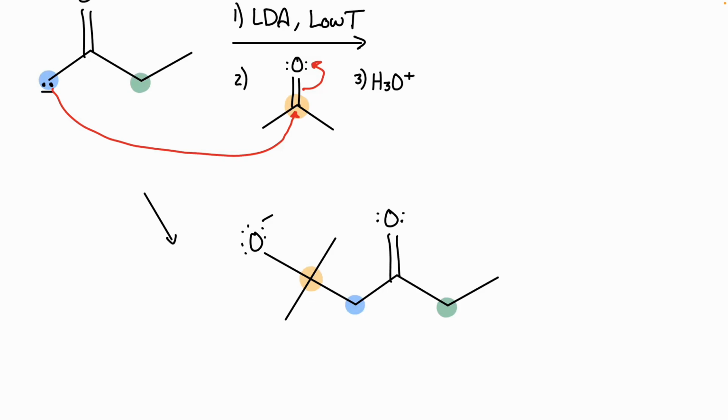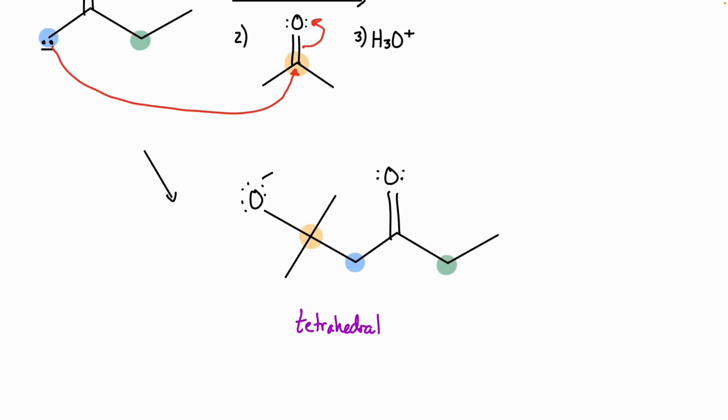What do we call these intermediates that we get here? These tetrahedral intermediates. Now remember, we are going to get into this habit where we see our tetrahedral intermediate, and what are we going to ask ourselves? Is there a good leaving group?